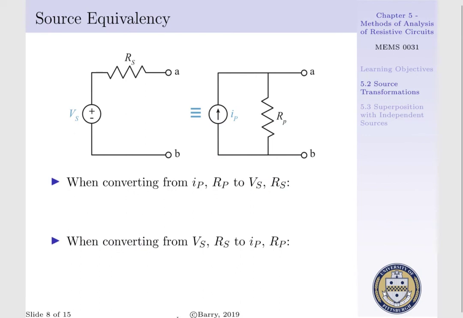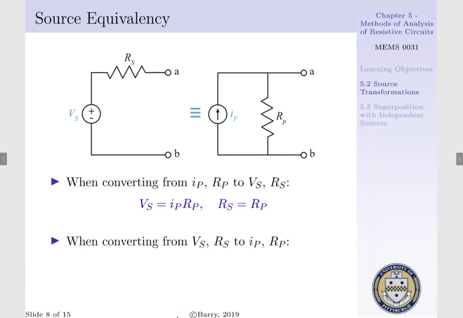That is, if we have a voltage source connected in series to a resistor, this would be equivalent to a current source connected in parallel to a resistor, if and only if we make the following proper conversions. When converting from a current source and a resistor in a parallel configuration to a voltage source and a resistor in a series configuration, we have the following.